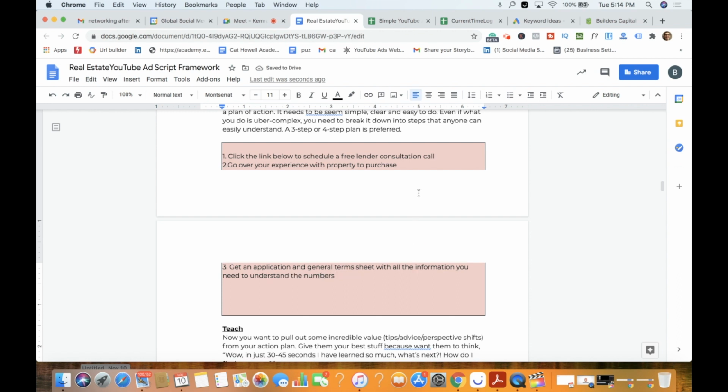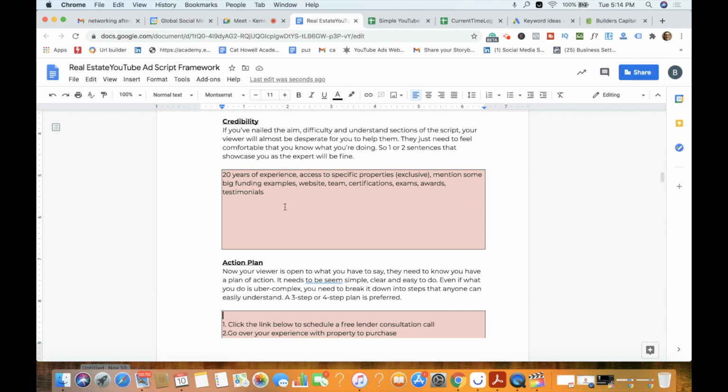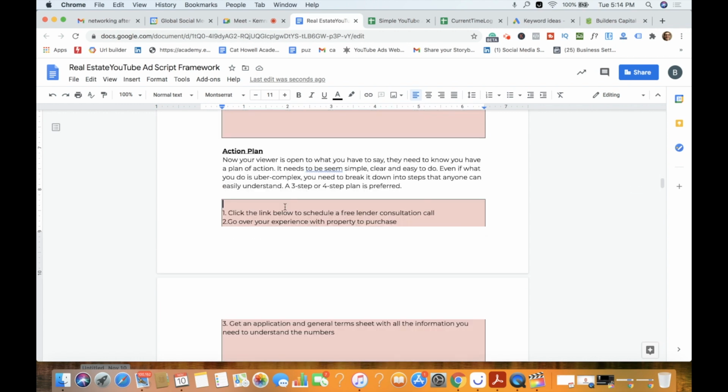Okay. So this is your 3-step plan. You're kind of saying, after your credibility, I've made it simple for you to be able to find the best solution for your lender needs in 3 simple steps.